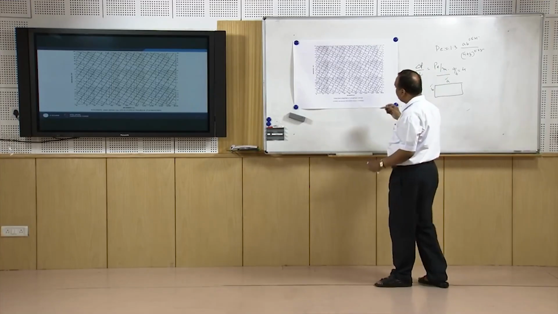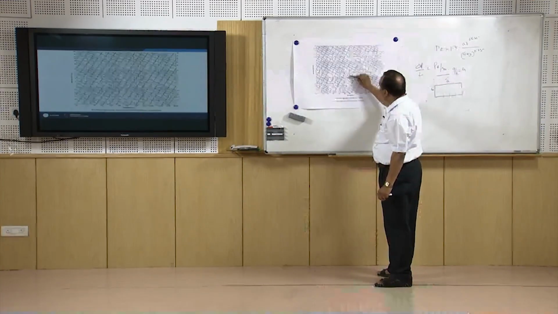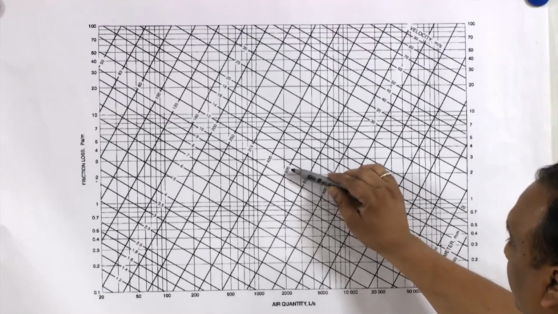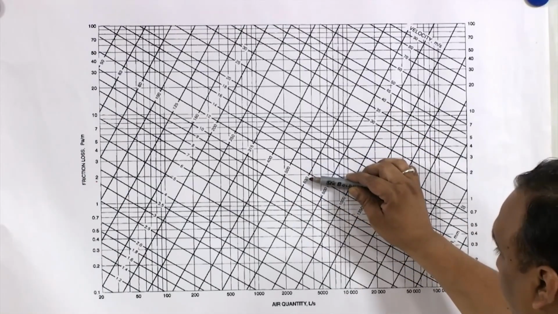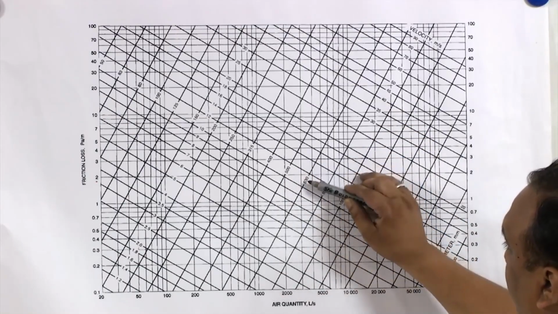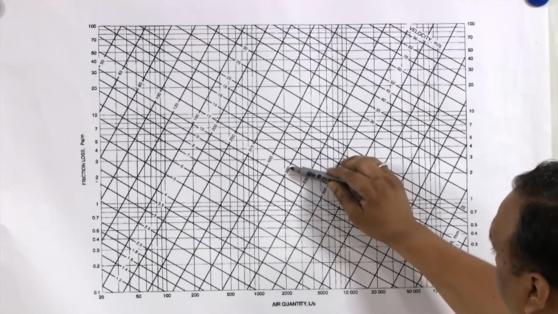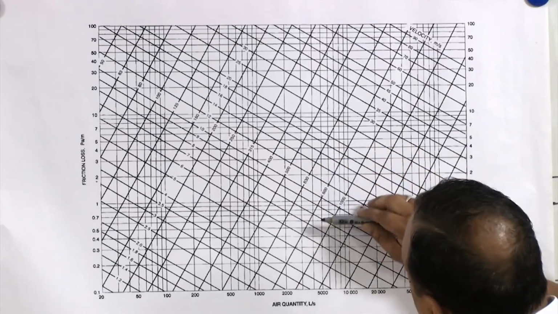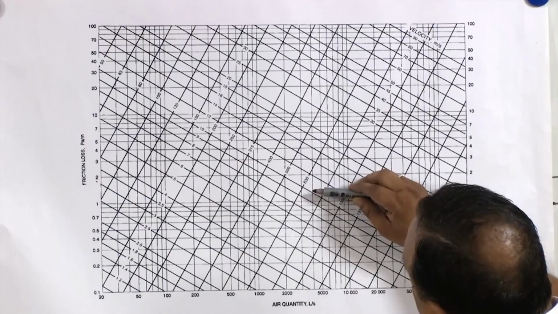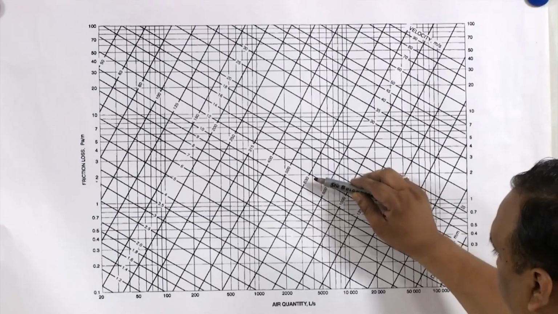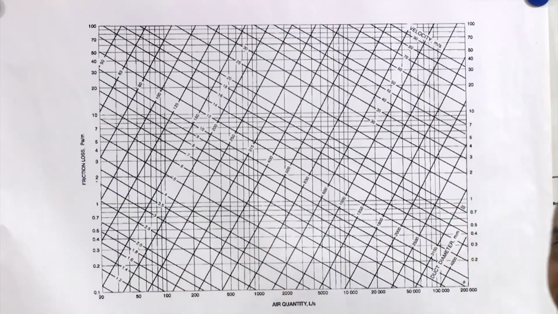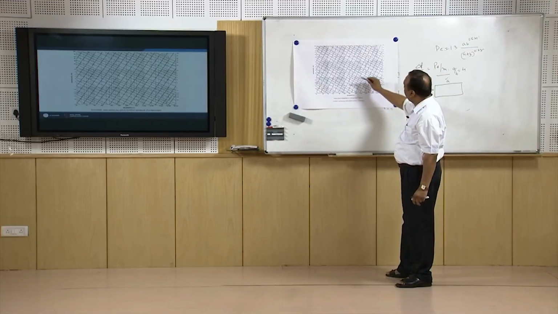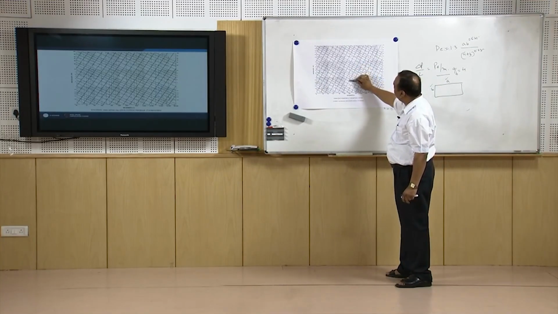Now, here at this discharge, this pressure, the duct diameter is 500. If I increase the diameter of the duct for the same discharge, from 500 to 630, in that case, the friction pressure drop will reduce to 0.6 simply by increasing the size of the duct.